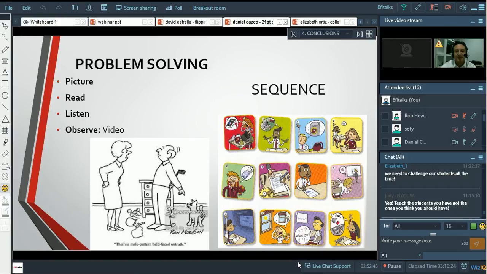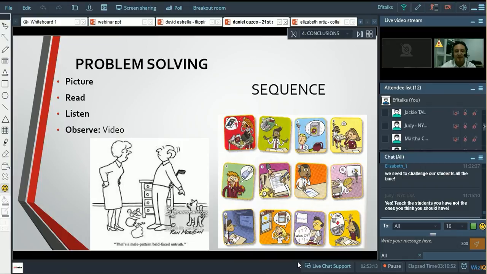Or another thing that you can do is, for example, use sequences for the students to talk, to participate, to write. I am motivating my students right now through sequences to create stories, writing or talking. And some of the evaluations that I do right now use the sequences: the students have to talk, have to participate, have to increase their level of participation in class.